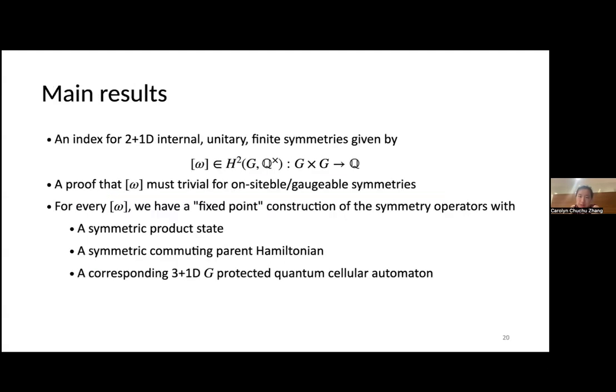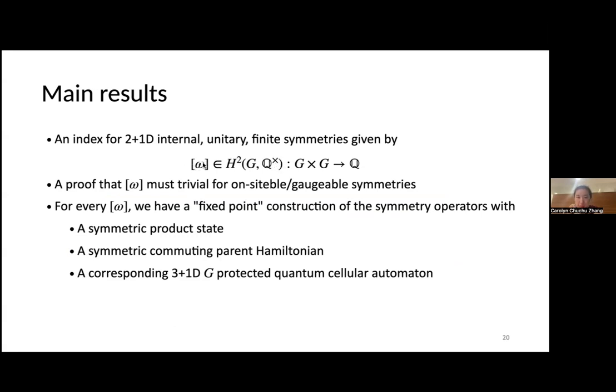So the main results that we have include an index for 2+1D internal unitary finite symmetries. Given this cohomology class omega, it takes coefficients, so this is G, your group, and this coefficient is in Q, the rational numbers under multiplication.